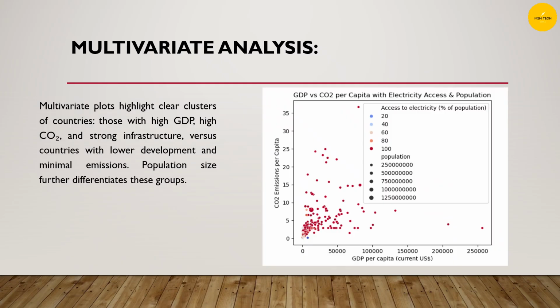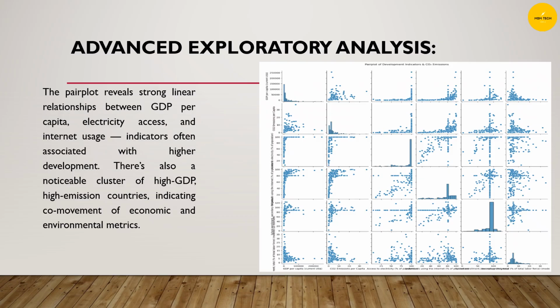The multivariate analysis showed one group of countries with higher GDP, high emissions, and strong infrastructure, and another group with low development and minimal emissions. Population size also played a role in differentiating these clusters.